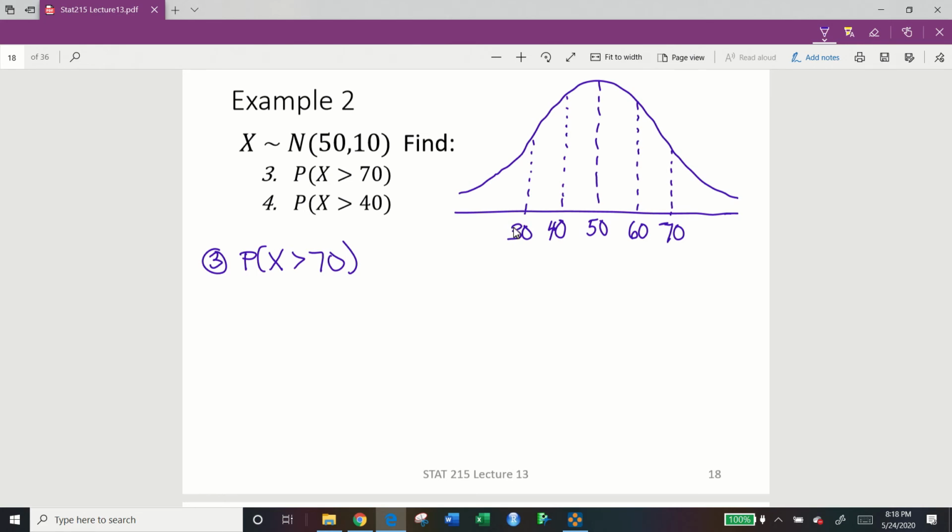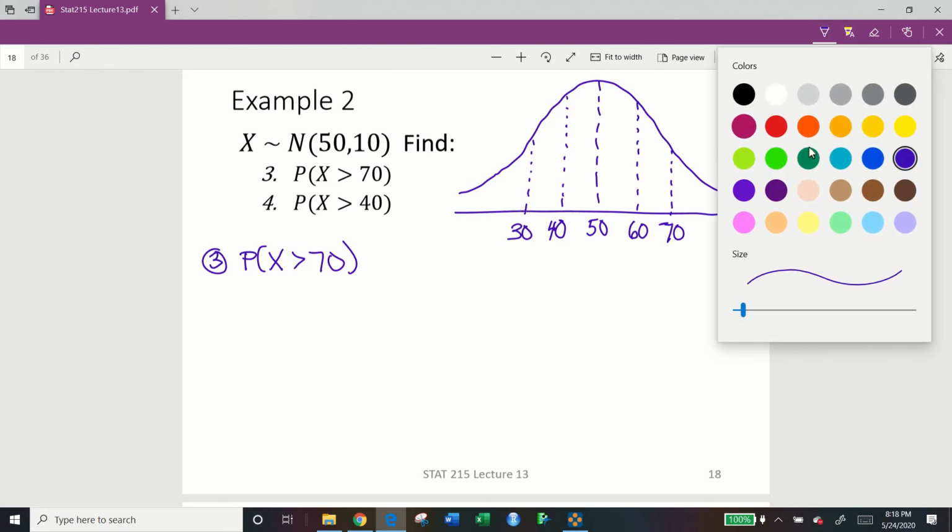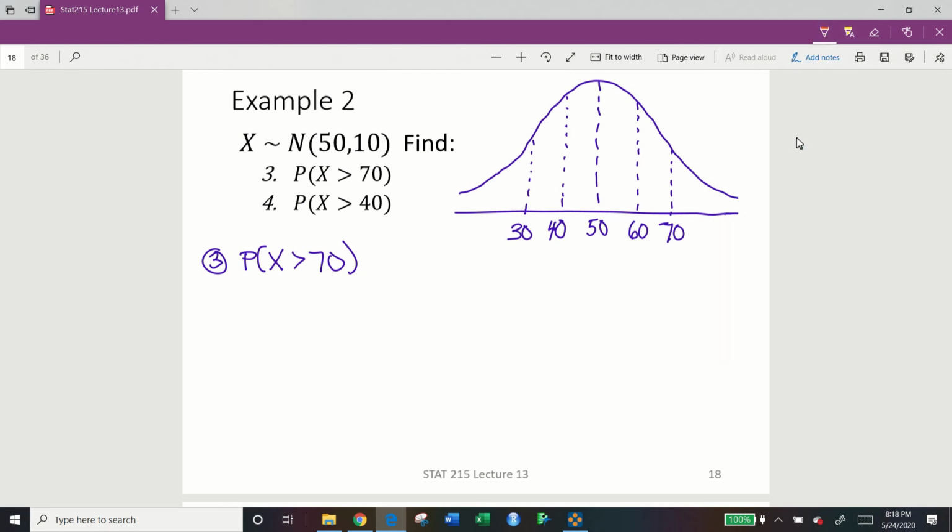Okay, so we established earlier that we know 68% of our data is between 40 and 60. For 2 standard deviations, that's 95. So 95% of our data is going to be between 30 and 70. That leaves 5% of our data unaccounted for, greater than 70 and less than 30.